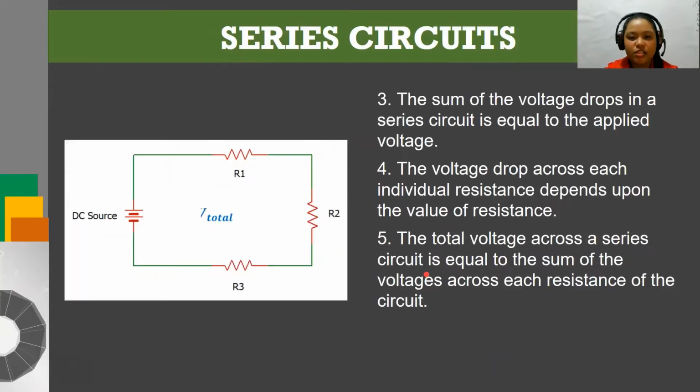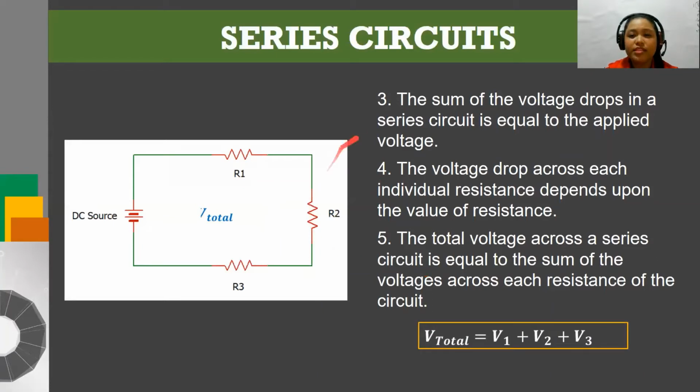Another pointer we have here: the sum of the voltage drops in a series circuit is equal to the applied voltage. So what do we mean by voltage drops? The voltage drops are voltages that drop across each resistance or load found in the circuit along the path.